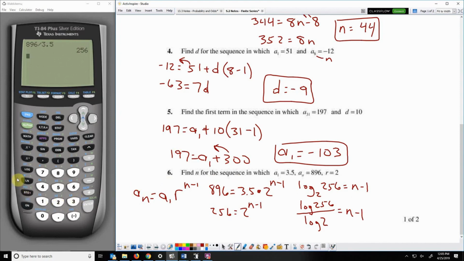Okay, so log 256 divided by log 2 equals 8. And then I need to add that 1, so I get n equals 9.